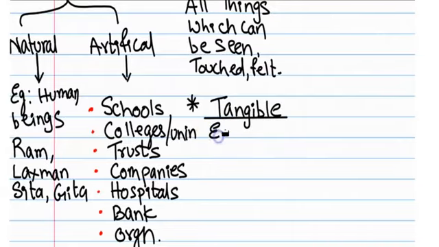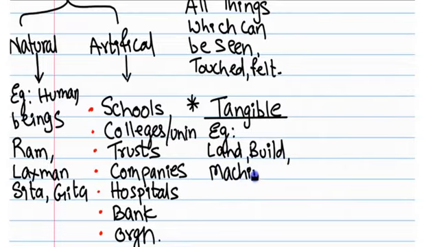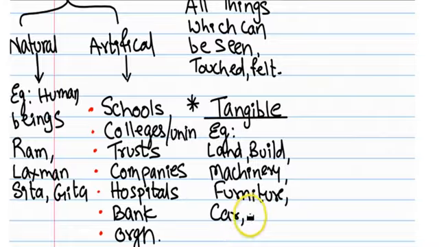For example, land, building, machinery, furniture, cars or rather vehicles, and computers, and so on. There are so many things used in the business which can be seen, touched or felt. These are all known as tangible real accounts.